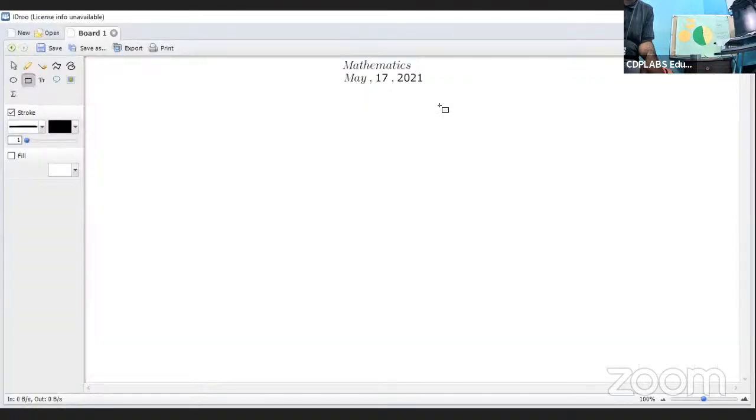Remember, when you're writing a fraction, it's going to be 165 degrees over 360 degrees. But I'm going to show you something. There's a pattern.